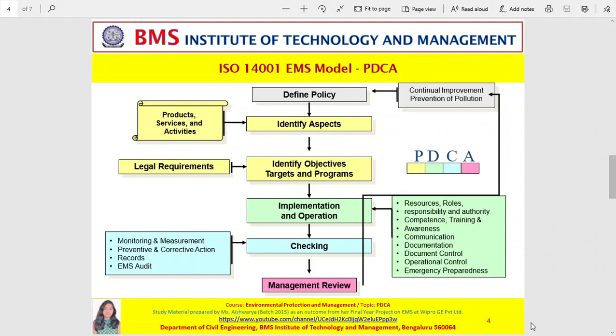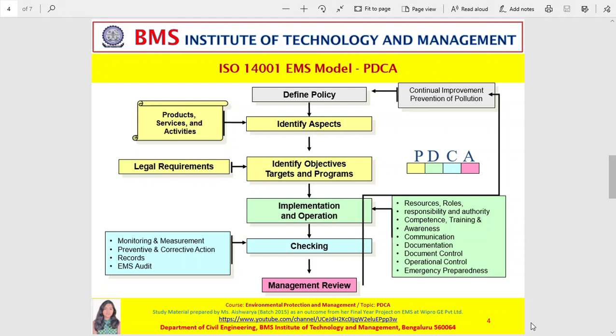In order to achieve the implementation and operation of the set environmental objectives and targets, it is essential to implement programs called the environmental management programs, which design and designate the responsibility on how to achieve the set targets at various levels of the organization.